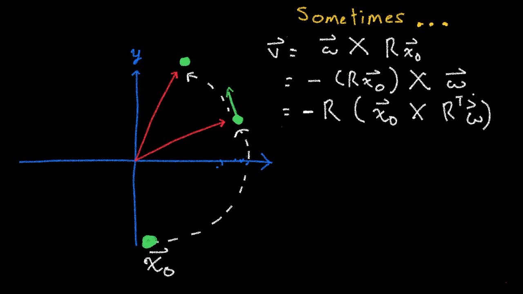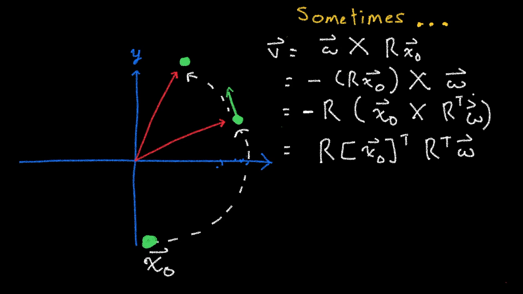The way we're going to do this is we're just going to re-express our cross product as a matrix equation. So we bring back our skew symmetric operator, but now it's applied to our initial start point, x0. And we keep our rotations in the same place, so we get this rotation sandwich.